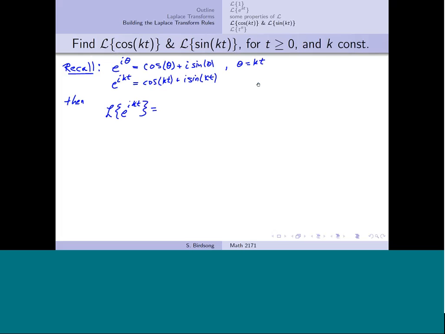On the other side, if we apply the linearity property, we get the Laplace transform of cosine plus i times sine. Linearity splits that. So this last part we can split up as simply the Laplace transform of cosine of kt, plus i times the Laplace transform of sine of kt.